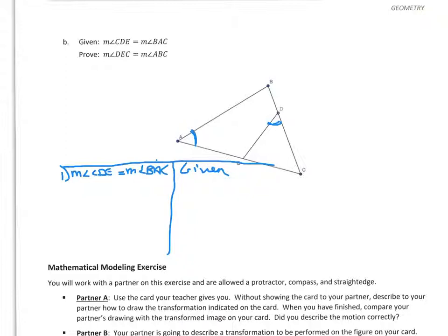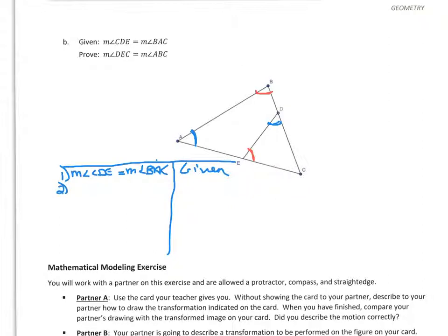All right, let me erase this real quick so we can see that. Okay, so what we want to prove, let's put that in red, we want to prove that DEC, this one, is equal to ABC. We want to prove those two. Well, take a look. You've got two triangles, right? So let's go for the first small one first.